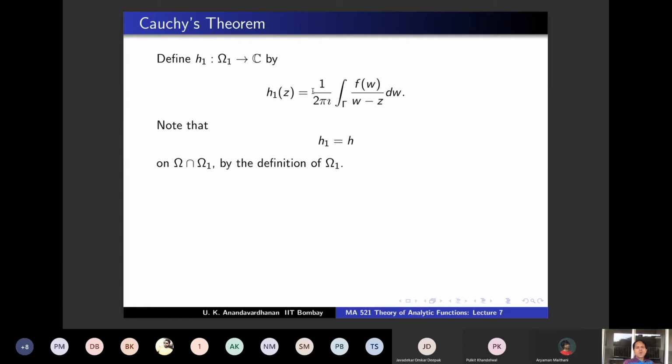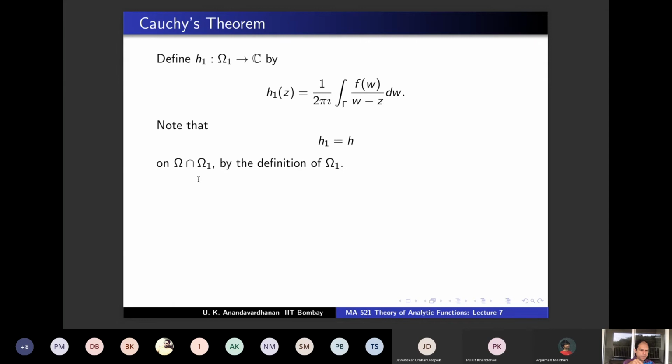And h1 is of course a holomorphic function, right? Because we had this general theorem: anything which has a dw by w minus z kind of thing is representable by a power series and therefore it's holomorphic. So h1 is holomorphic on omega 1, and h is holomorphic on omega, which we already saw.